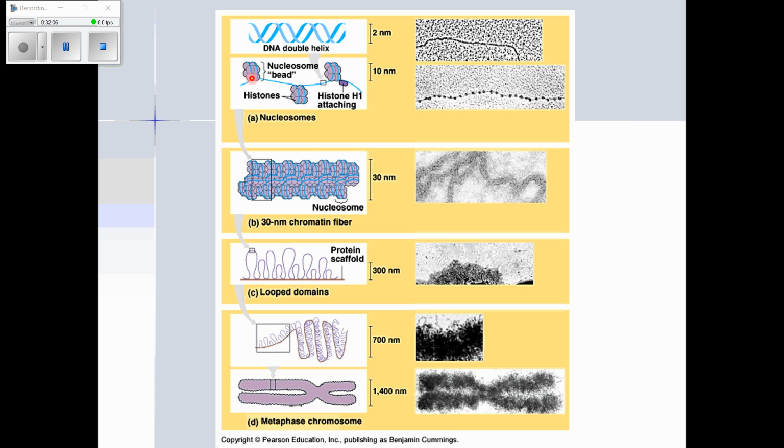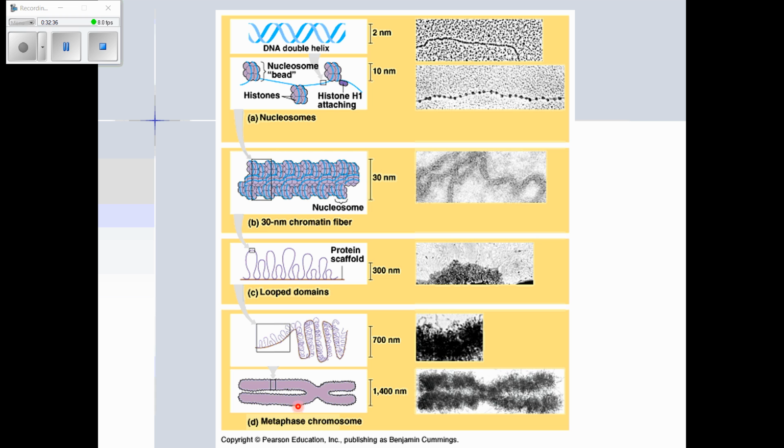And as that DNA wraps around those histones, it can twist and coil and wrap around itself. And as the DNA wraps and coils and shortens, eventually the DNA can condense into a solid mass that's visible with a microscope called a chromosome.